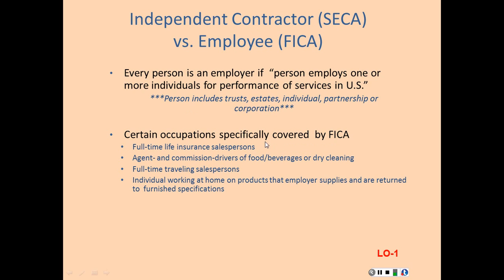And so the debate probably raged, and the rules probably evolved, and finally they just made a determination, said, okay, if you're a full-time life insurance salesman, you're an employee and you're covered by FICA. So we'll stop having to have these arguments and stop having firms possibly tweaking the employment agreement with these salespeople to have them fall outside of the obligations of FICA.